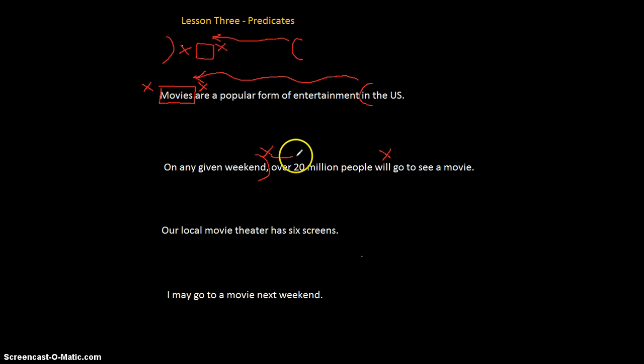My subject is the words between the two X word places, and I draw a box around them. Now, if I had an end shifter, it would begin after movie. But since there is no end shifter, I know that everything left is the predicate. And I point the predicate to the subject to show that the predicate says something about the subject.